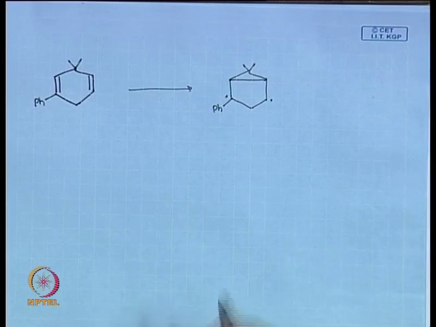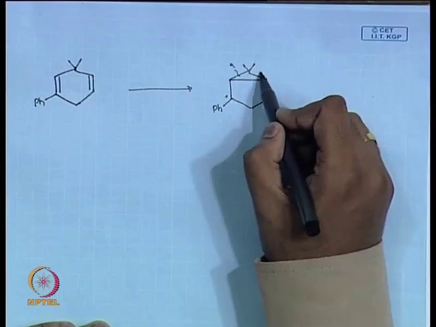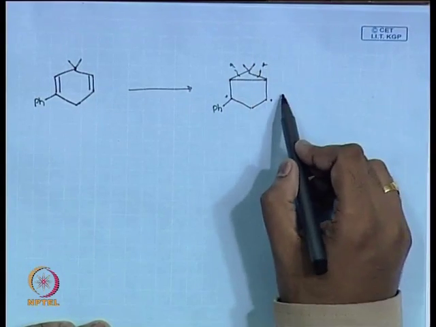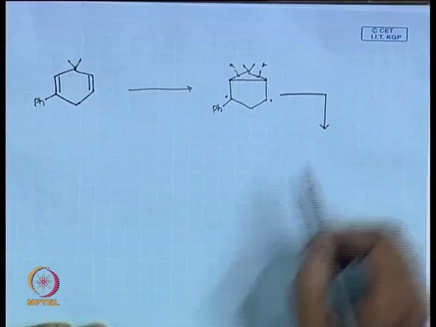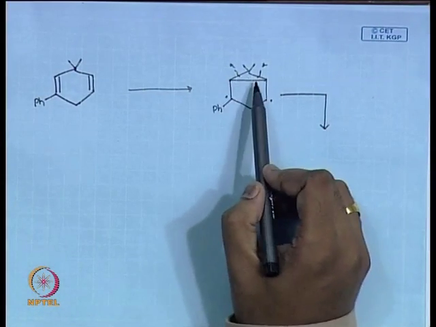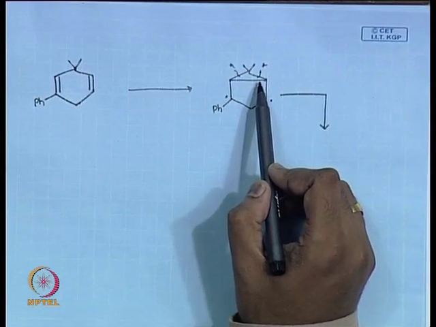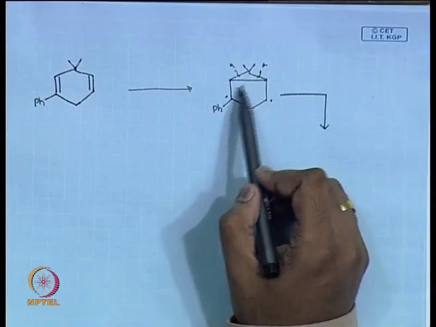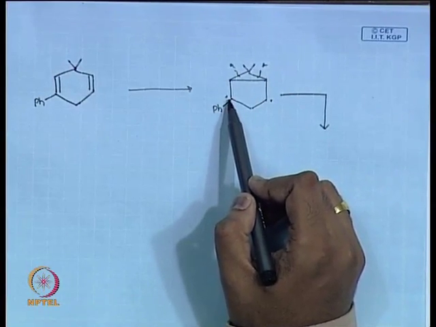Which way do you want to cleave? You have A and B. Which direction do you want to cleave it? You want to cleave A or B? B, because your radical will be stable, this radical, right?